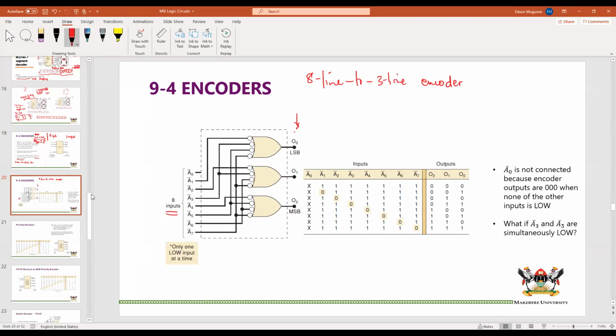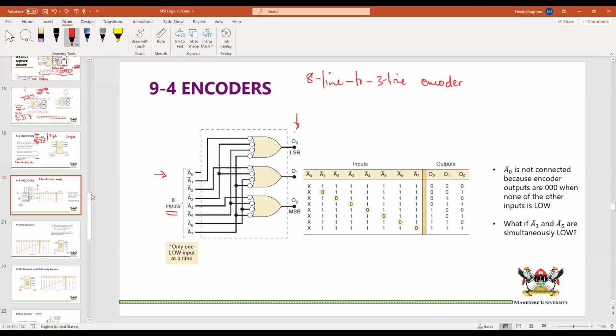You have an input here, and we want to know what it is equivalent to on the output. As you can see, all the inputs are active low. This is a special input that I'm going to describe. If you can see A naught, it's actually not connected to any gate, and I'm going to explain that in a moment.